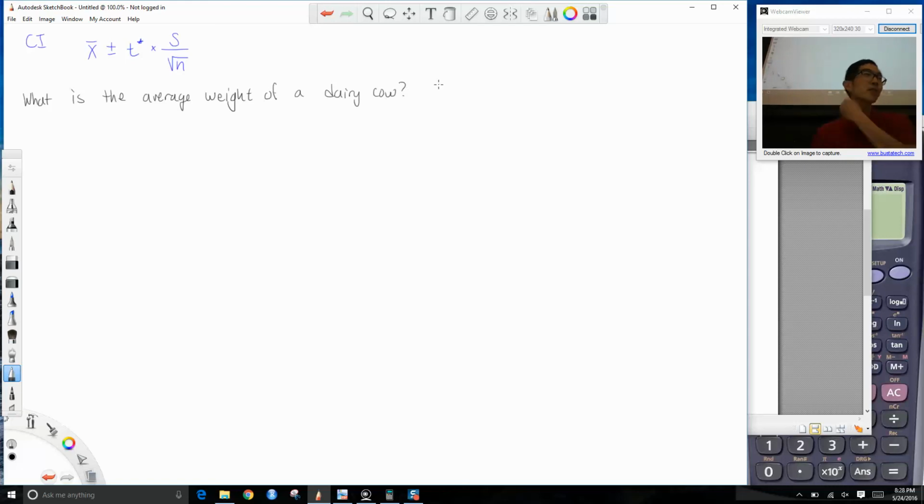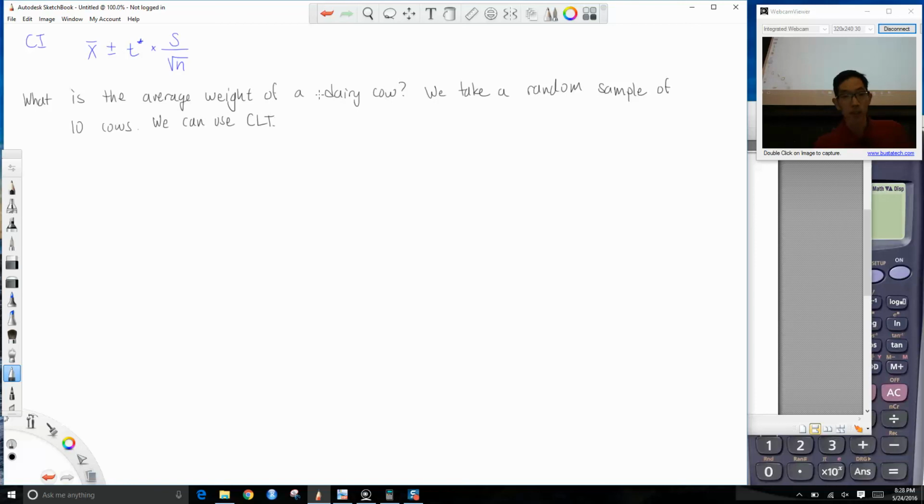Let's say we take a random sample, and I'm not sure how we did this, but somehow we took a random sample of 10 cows. And we'll assume that cows are approximately normally distributed in weight, so we can use the central limit theorem.